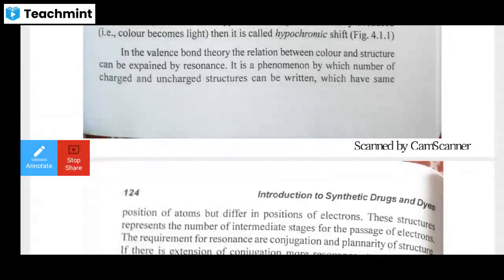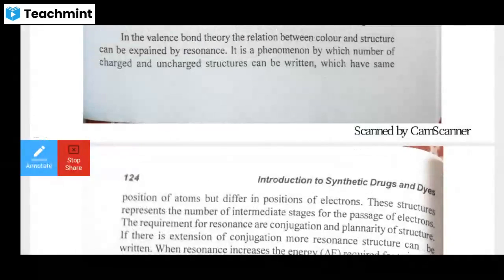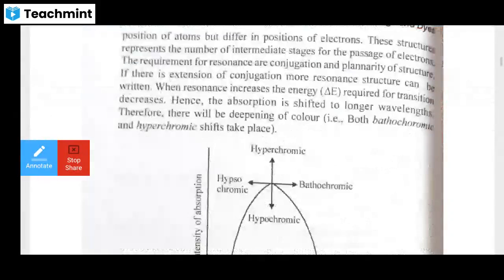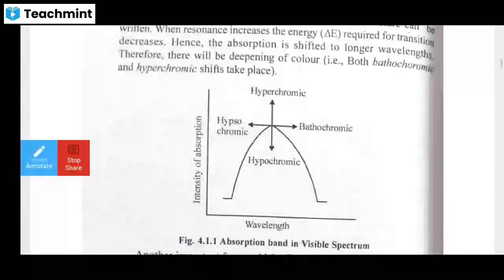And the relation between color and structure in valence bond theory can be explained by resonance. It is a phenomenon by which a number of charged and uncharged structures can be written which have the same arrangement of atoms.